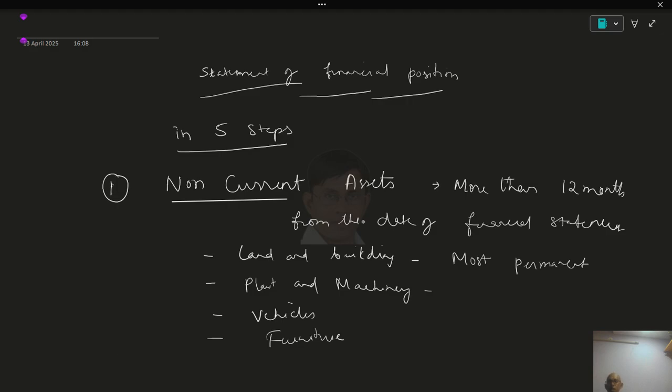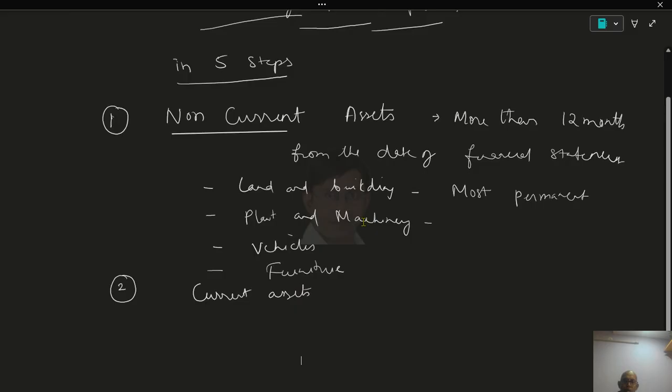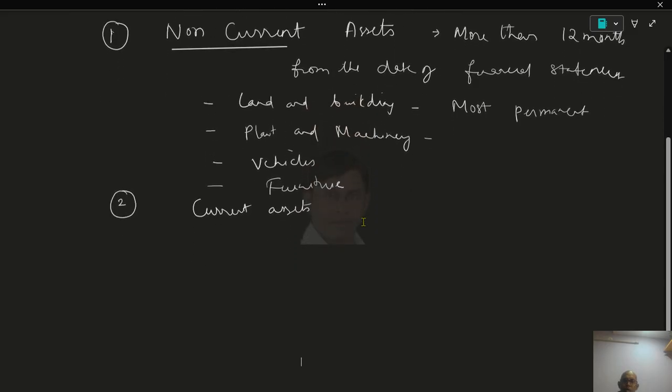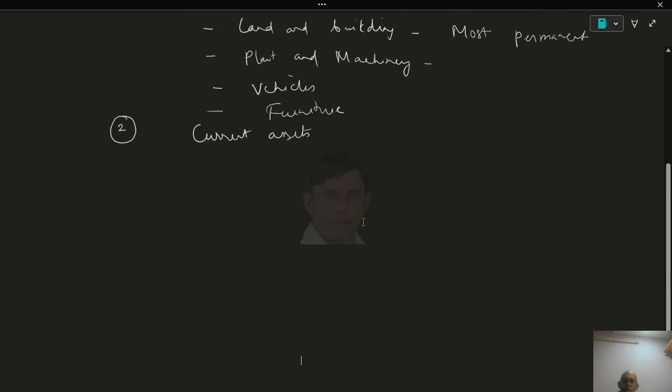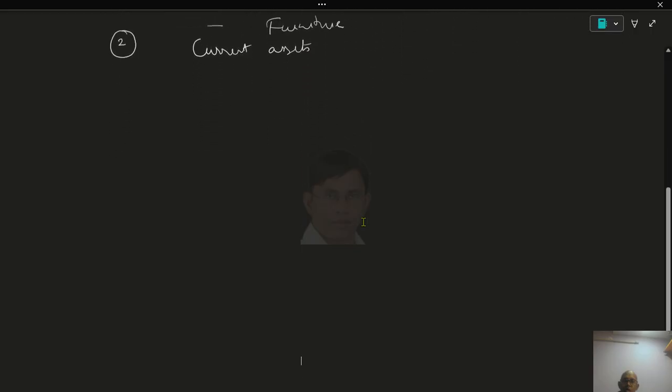Then the second one is current assets. So what are current assets?